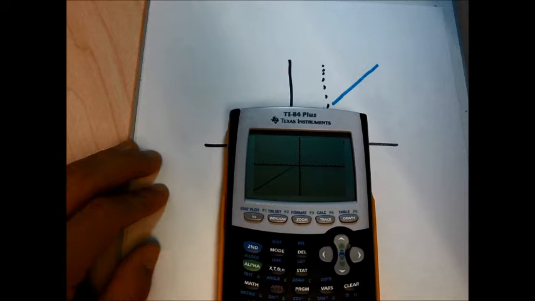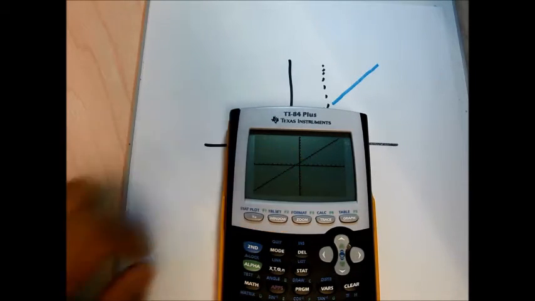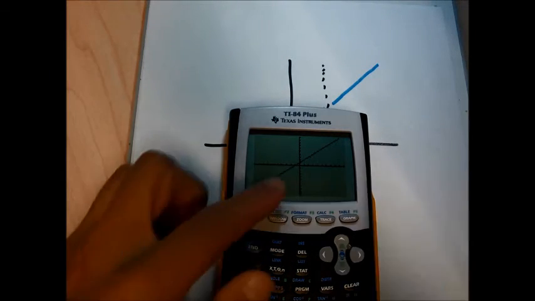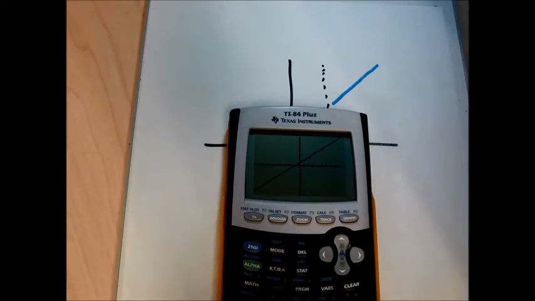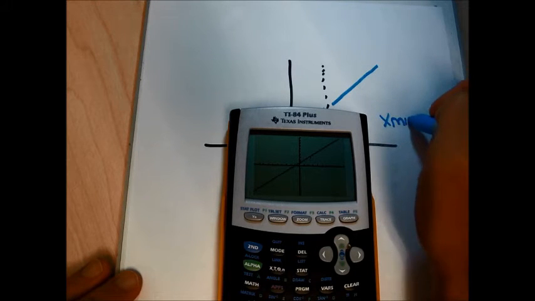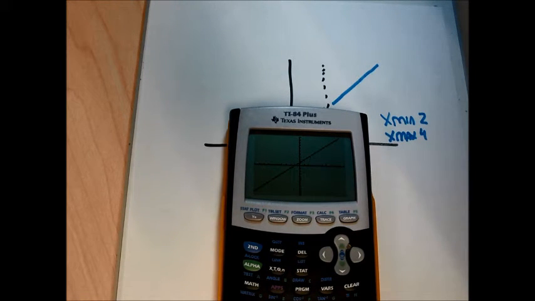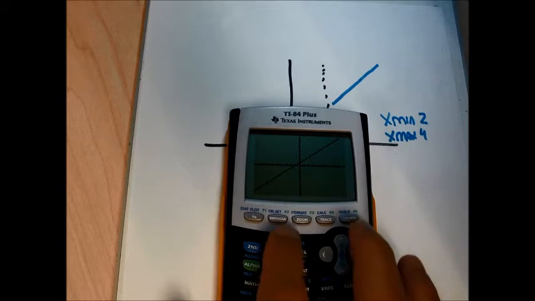And that looks a heck of a lot like the picture I drew. I don't see the hole, but there is a hole there. Let me focus in on the hole by tweaking my window. I'm going to make my x-min go from 2 and my x-max go to 4 to focus better on that range.